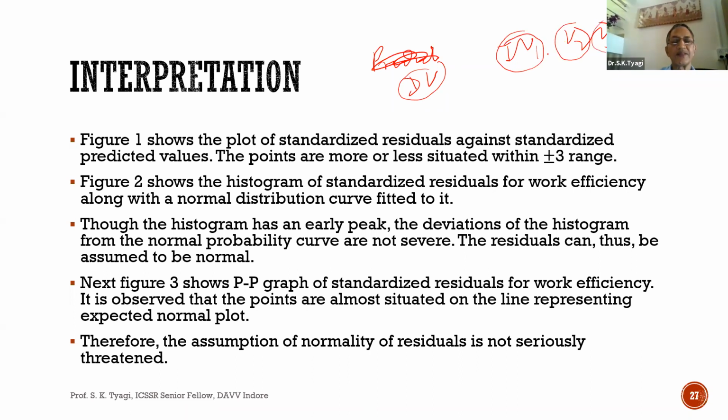But the assumption is that the residual should be normal. When we predict the values on the basis of these three, there is a predicted value and there is an actual value. These differences should be normally distributed. Now, this is the assumption of normality, but slightly different from what we understand in the context of t-test and ANOVA.